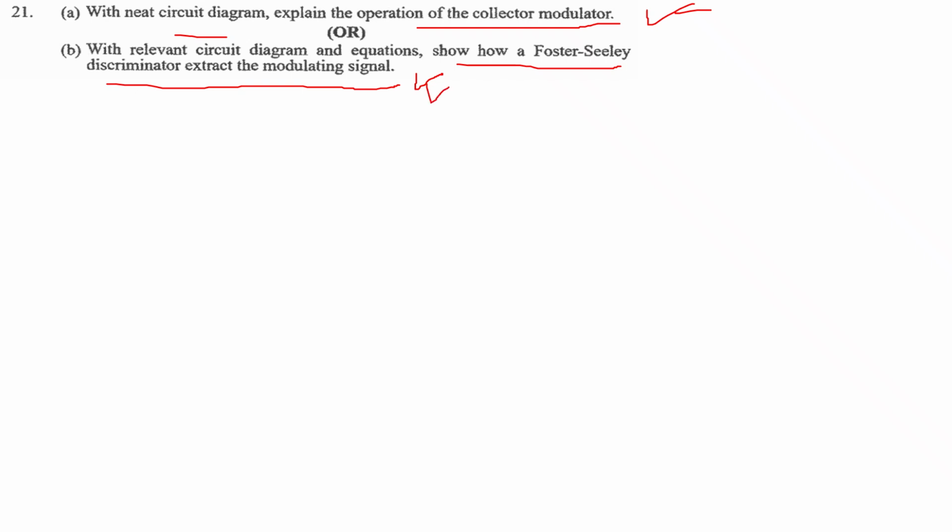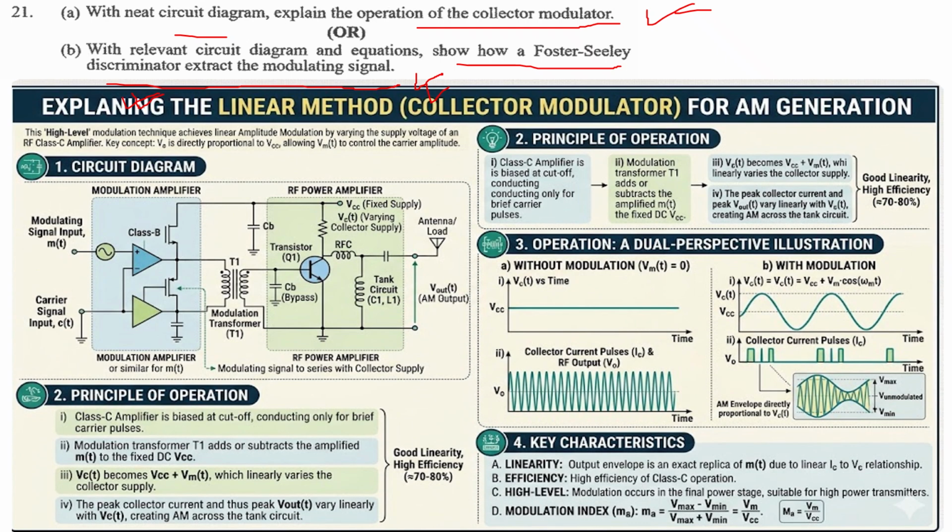I'm going to talk about the solutions also, very briefly. So here is the circuit diagram of how a modulated signal can be produced. Here you can see your signal, and we are going to use a class C type of amplifier, and an RF amplifier, and with the help of that you receive the output signal, right? The class C amplifier is biased at cutoff, conducting only for brief carrier pulses. What is the principle of operation?